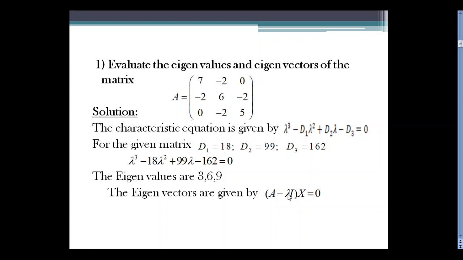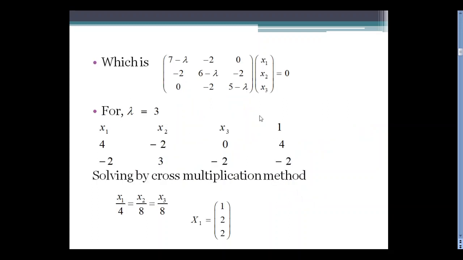The formula is (A minus lambda I) x equal to 0, which is 7 minus lambda, minus 2, 0; minus 2, 6 minus lambda, minus 2; and so on, into capital X equal to 0.